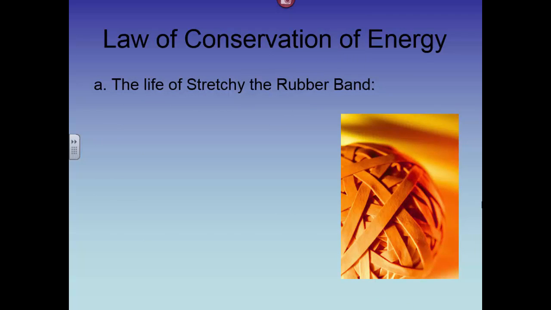Okay, so here's one example of the law of conservation of energy. Think about a rubber band. The life of Stretchy the rubber band. If you stretch the rubber band out, there's motion involved. You're stretching the rubber band. That's kinetic energy. Well, when you stretch it all the way to its end point, almost gonna break but not quite, that motion stops.